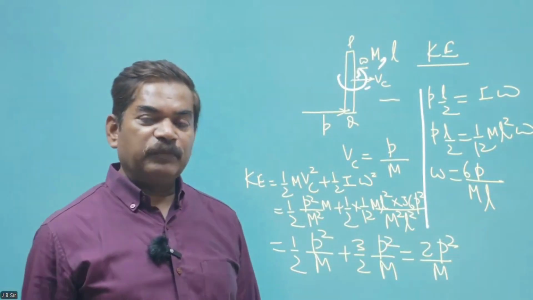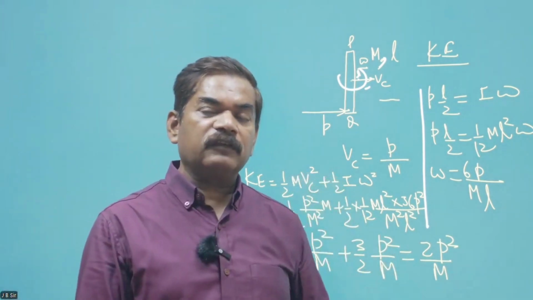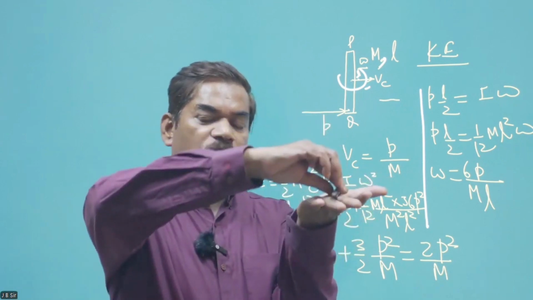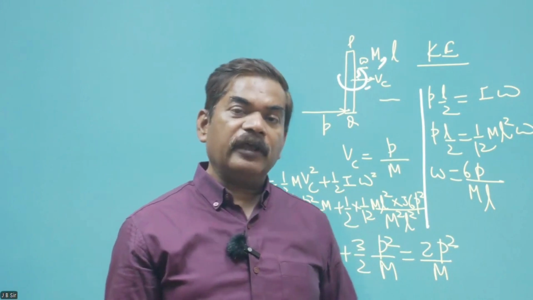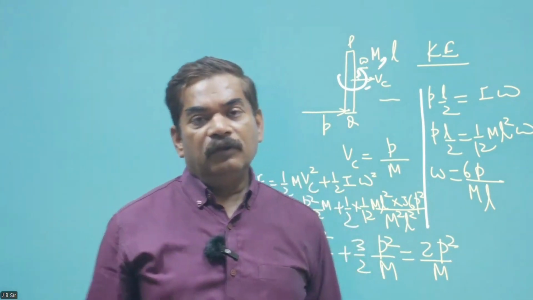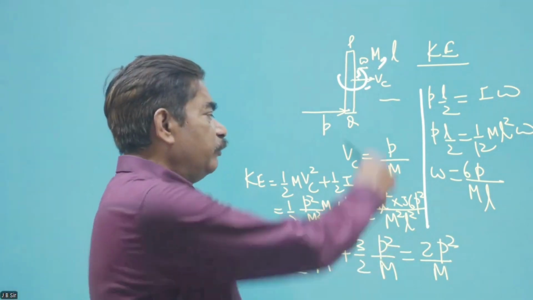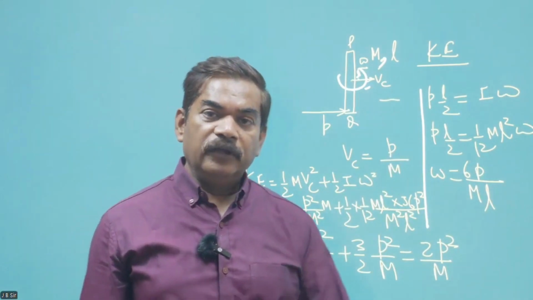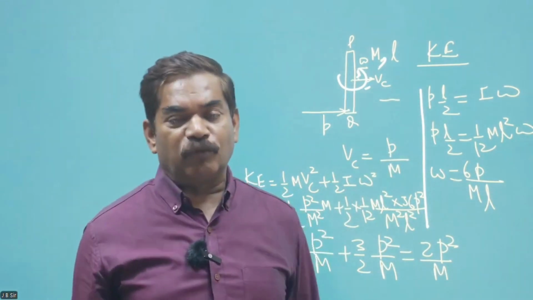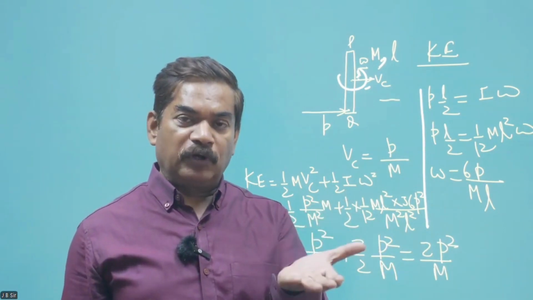So that means when a rigid body whose axis is not fixed and lying on the ground is imparted an impulse at any point, it will begin to rotate as well as translate. The velocity of the center of mass is the total momentum imparted upon the mass of the body. You can apply the law of conservation of angular momentum about a point on the ground just below the center of mass of the rod.